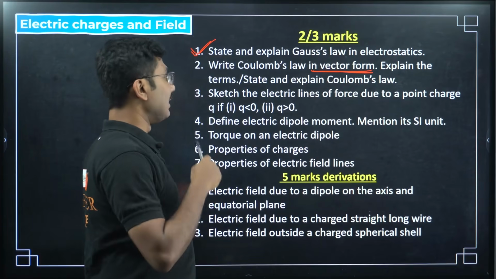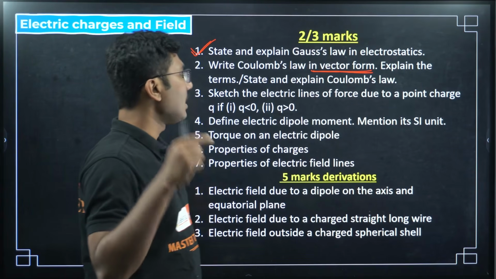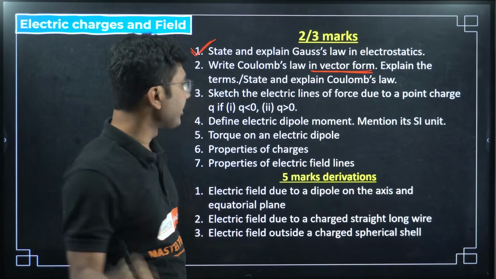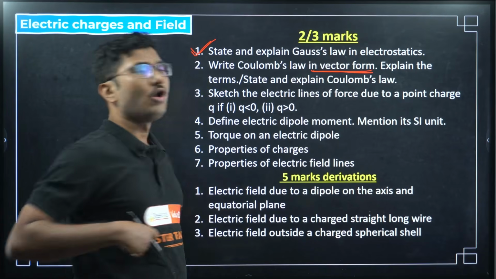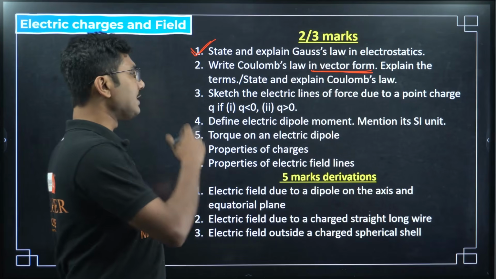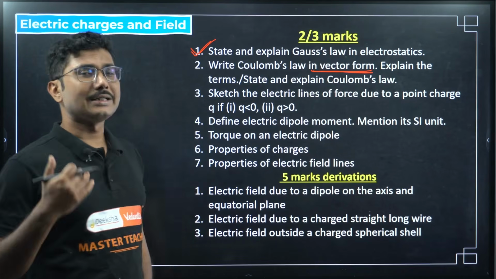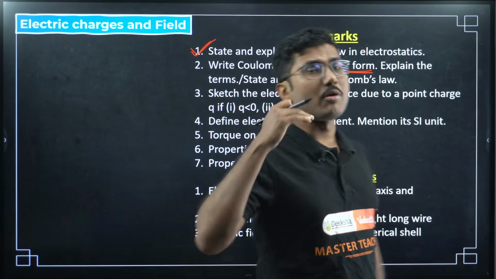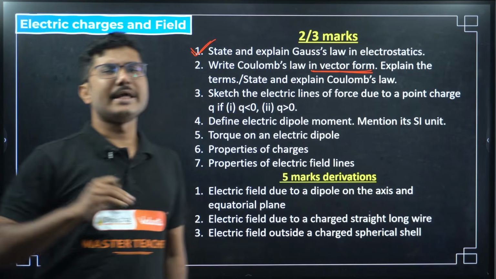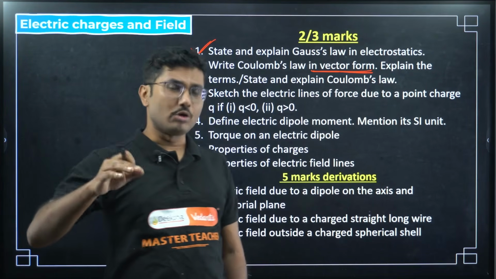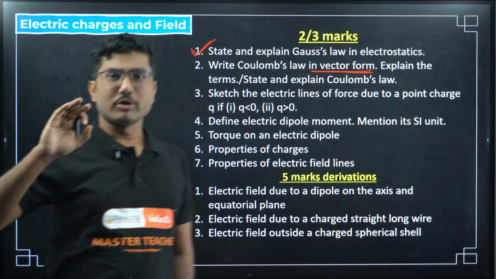Okay. Sketch the electric lines of force due to point charge Q if Q is less than 0, Q is greater than 0. So these are basically the questions where you have to draw the electric field lines for a positive charge, for a negative charge. Very occasionally they might also add a dipole as well, or 2 positive charges as well.